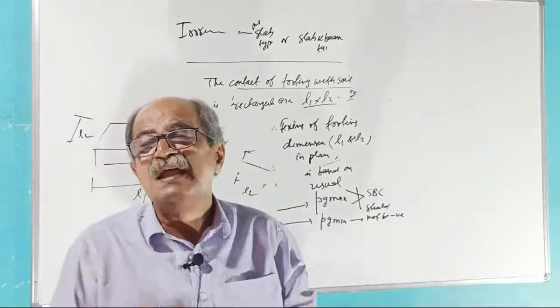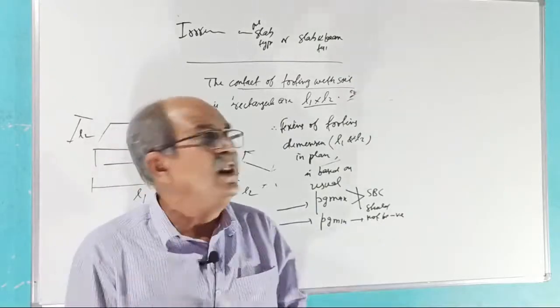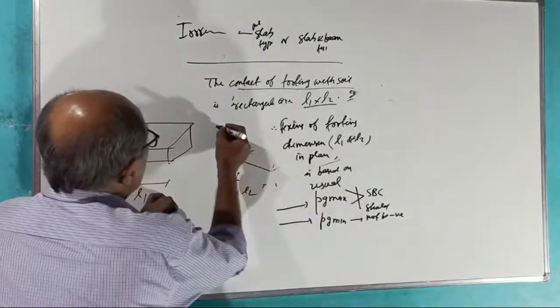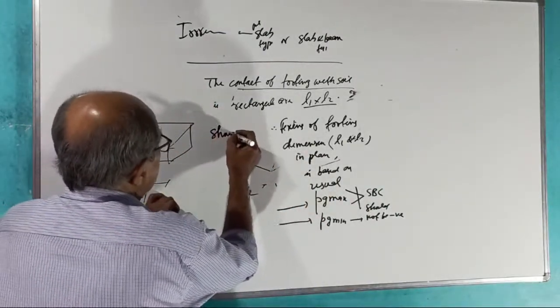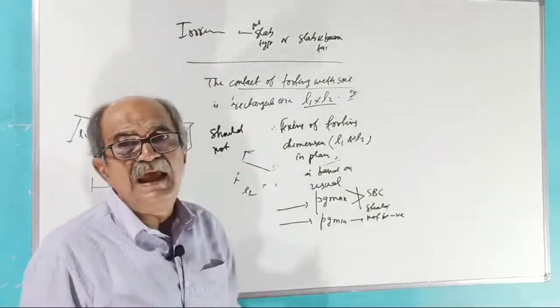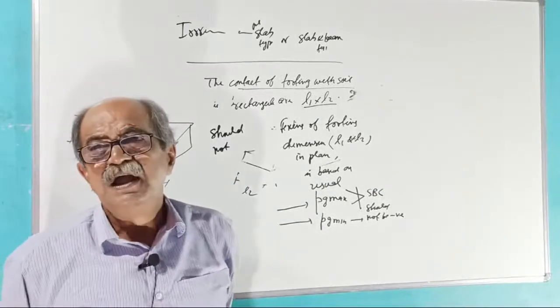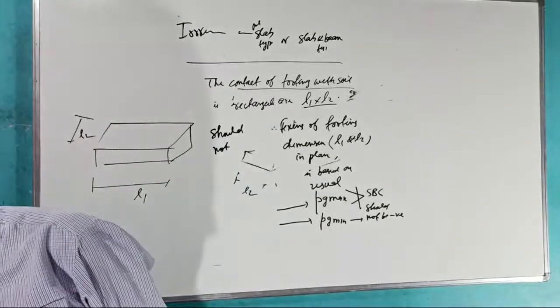Or you can do one thing. ETABS or software or manual, what is the principle? Footing should not what? Tell me. In simple words, the footing edge should not what? Tell me. Don't tell positive negative. Single word.